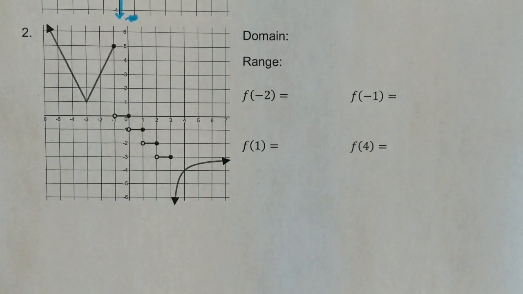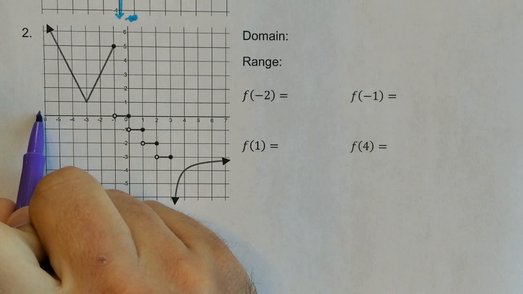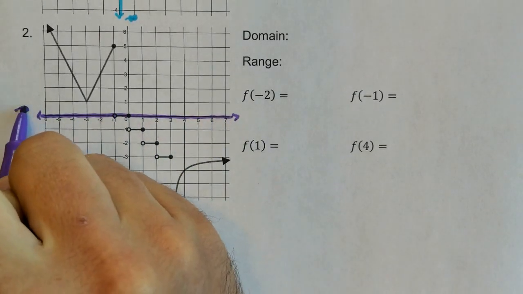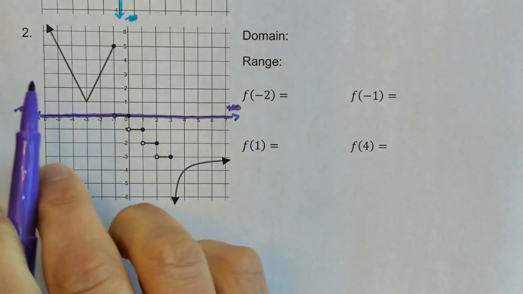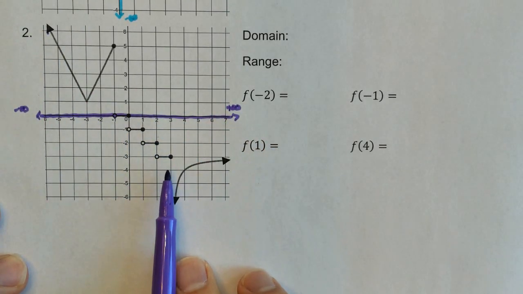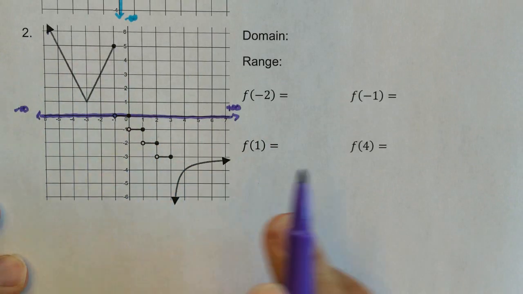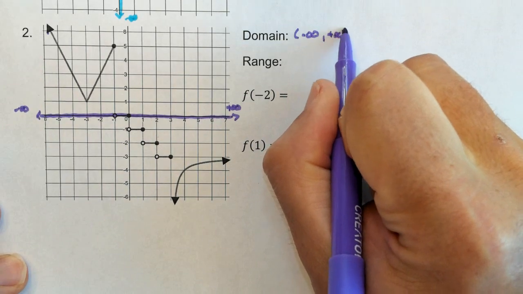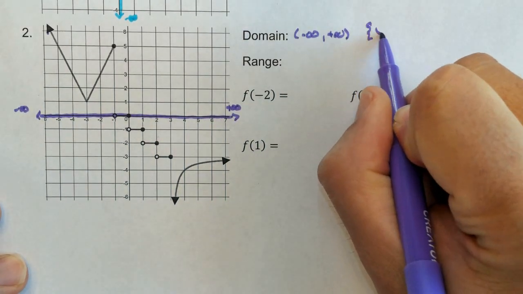Now again, we are going to identify domain and range. Domain, along that x-axis, we are going from negative infinity to positive infinity, arrow to arrow, and we cover each and every single x value. So again, we're going with all real numbers.